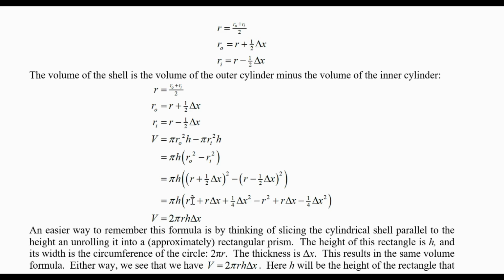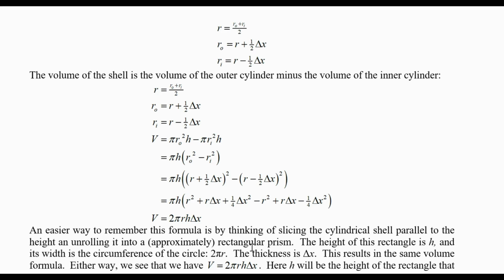Now look, the r squares cancel, the 1/4 delta x squares cancel, and what you're left with is just r delta x. So we have pi h, you have two of those. You have an r delta x and another r delta x, that's 2r delta x. So you got 2r delta x times pi times h. Or I'm going to rewrite that as 2 pi r times h times delta x.